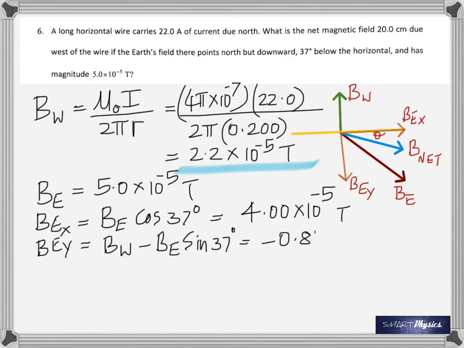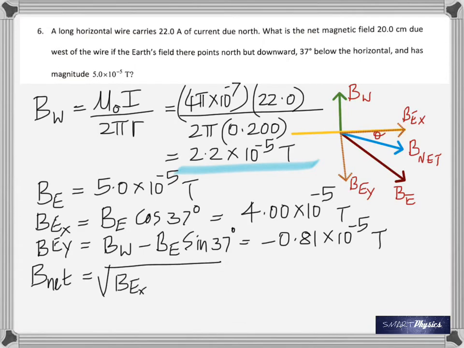So when you do that, you get minus 0.81 times 10 to the negative 5. You can already see here that this component is bigger than this. That's why the net of the two is negative. And then once you get BEX and BEY, you can find the net by just taking the squares of both, adding them, and taking the square root.